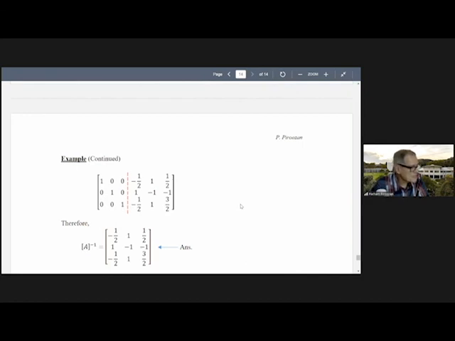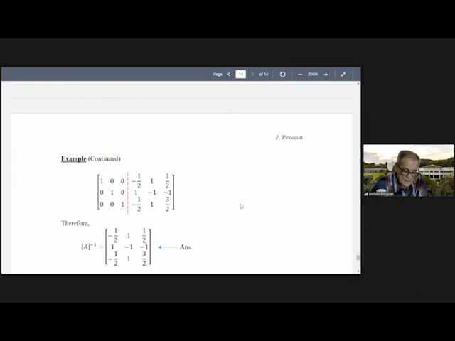This method is preferable. Can you tell me why it is more appealing than the cofactor method? Is it because computers can't do the cofactor method? Well, computers can do the cofactor method, yes, they can.